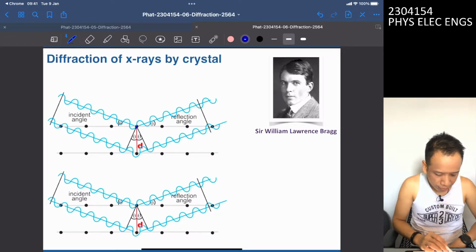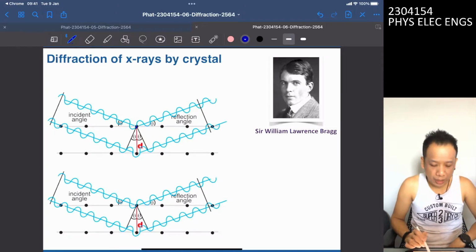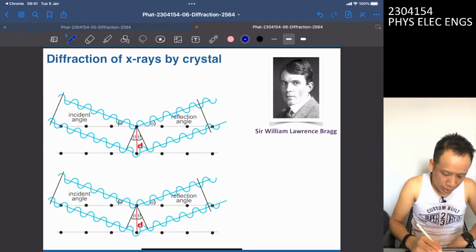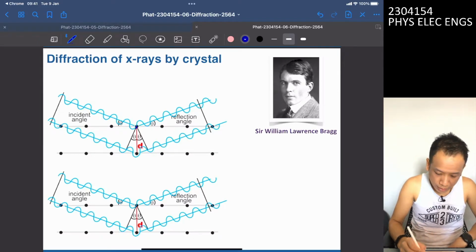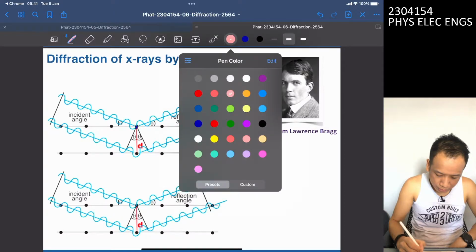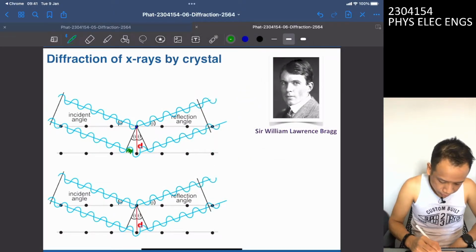You have the same wavelength and same phase coming in, and then it reflects, and you start to have a path difference, right? So where is the path difference? The path difference is here.